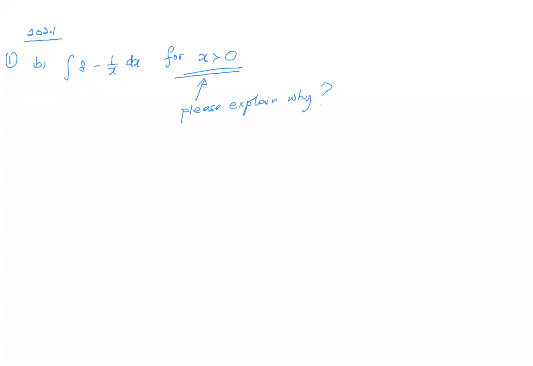Is it because negative doesn't exist in the ln domain? Yes, because when you integrate this, you get 8x minus ln x plus c. Because when you integrate 1 over x, you get ln x.